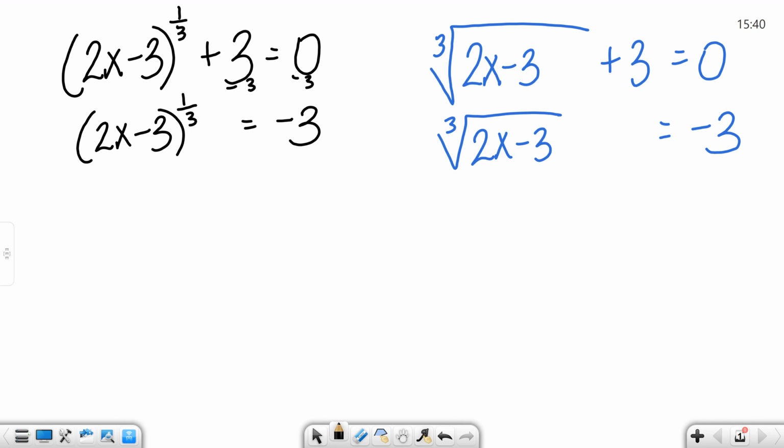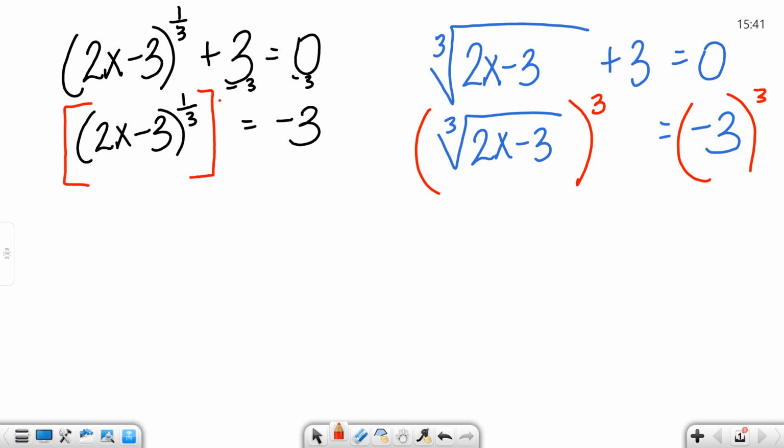We're not going to square both sides this time. We are going to raise it to the 3rd power. If we've got a cube root, I need to cube both sides, which is the same thing that I would do over here. I would cube both sides.